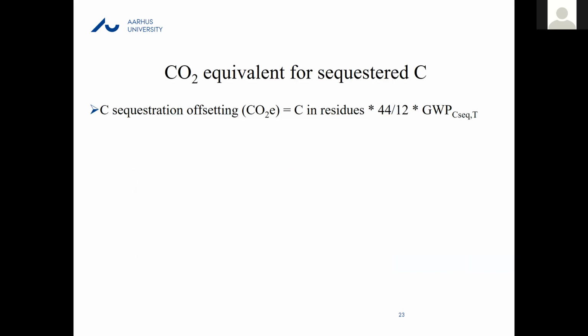To calculate the carbon sequestration offsetting in CO2 equivalents, we need to multiply the amount of carbon in the residue, or manure, by a factor that converts from carbon to CO2, and then by the global warming potential of the carbon sequestration.